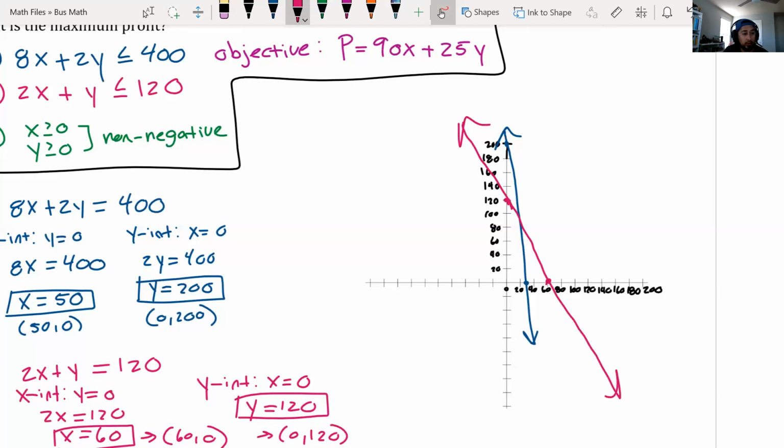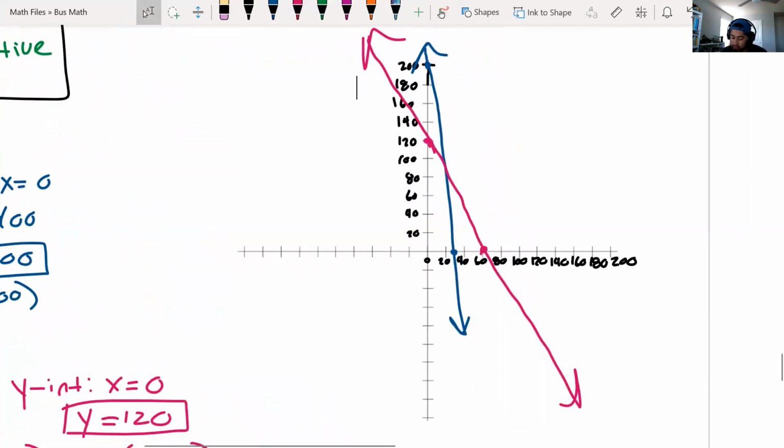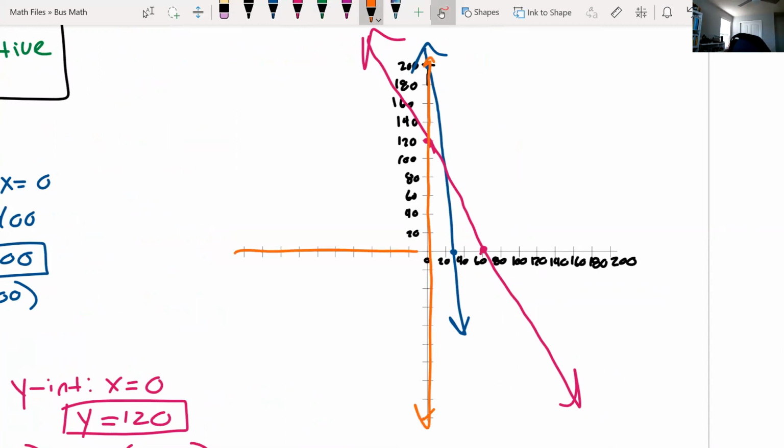Okay, and then I'll draw the non-negative restrictions just to show that we're stuck in these quadrants. There we go. y equals 0, x equals 0.